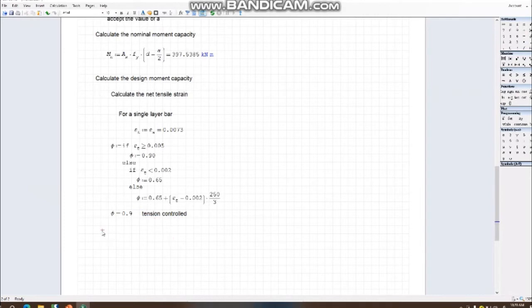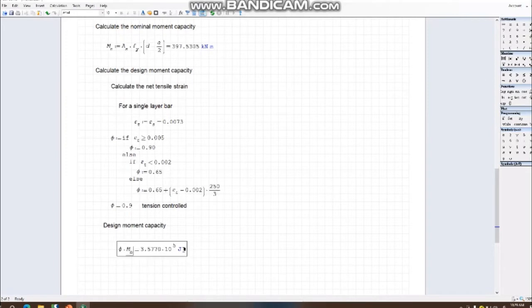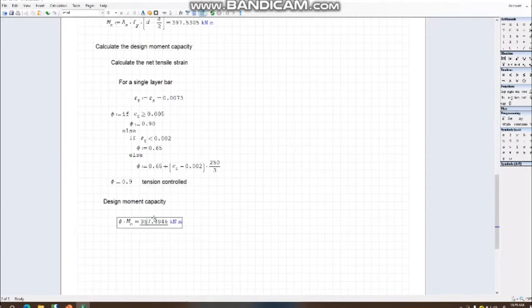So, design moment strength natin is equivalent to, okay, the formula for that is the reduction factor times Mn. Okay na. Okay, so this is the answer.